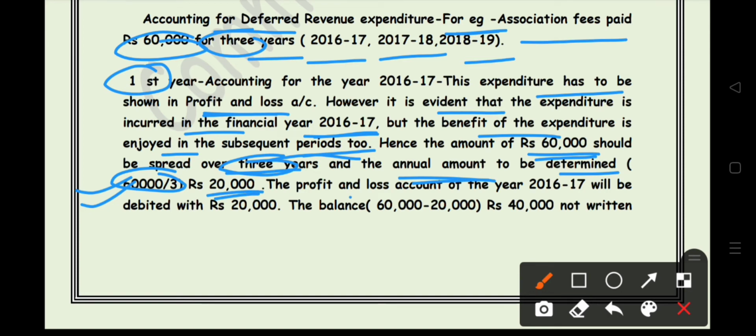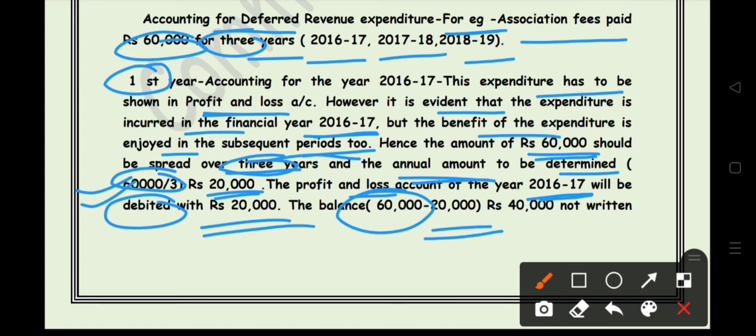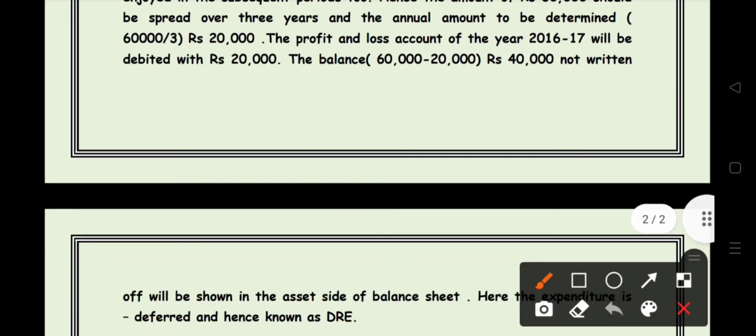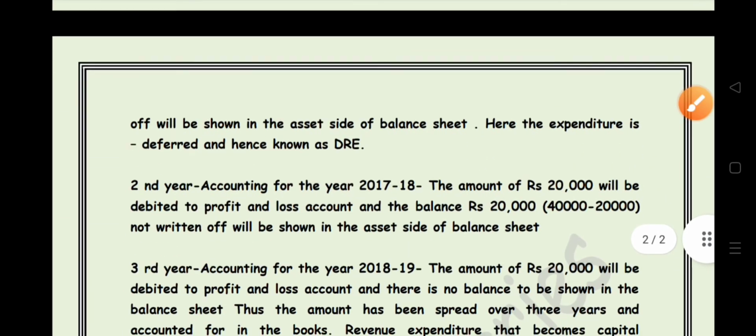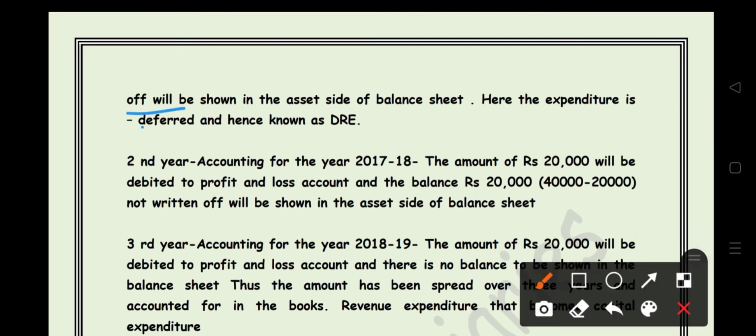So the profit and loss account of the year 2016-17 will be debited with rupees 20,000, and from the total expenditure we will subtract those 20,000, and the remaining amount, that is rupees 40,000, will be shown on the asset side of the balance sheet.